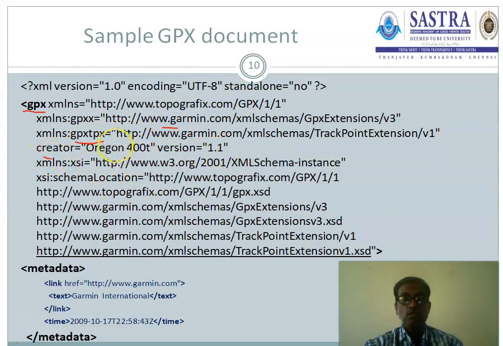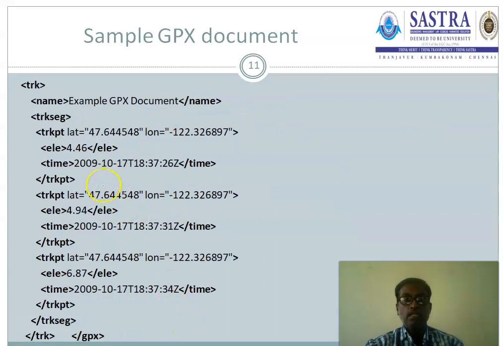and version, all that information, the XSD and XML namespace related information is included here, and then metadata. See here, metadata, a link href garmin.com, a textual representation regarding the link, and then time. These are all the metadata, link and time information stored here. And then track, TRK, right? Track name is example GPX document.